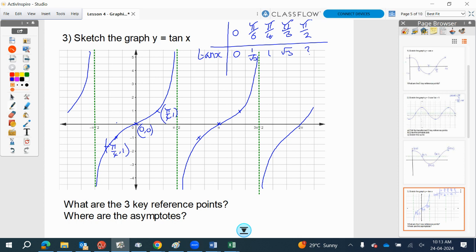So the key information there is where the asymptotes lie, the vertical asymptotes. These are at 90 degrees, and they're separated by a period of 180. These are pi over 2 and they're separated by a period of pi. That is the crucial info.